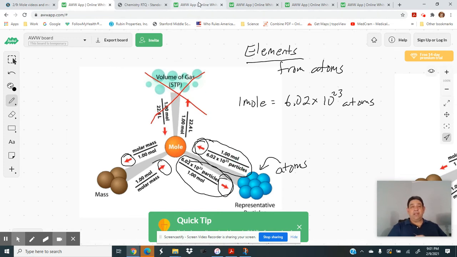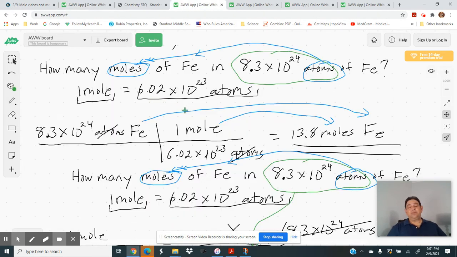What I did is I created the conversion factor, and it works, even with feet and yards and all that stuff. You have the equality, you create the conversion factor from the equality, by just making sure that your units cancel here. Atoms cancel atoms.